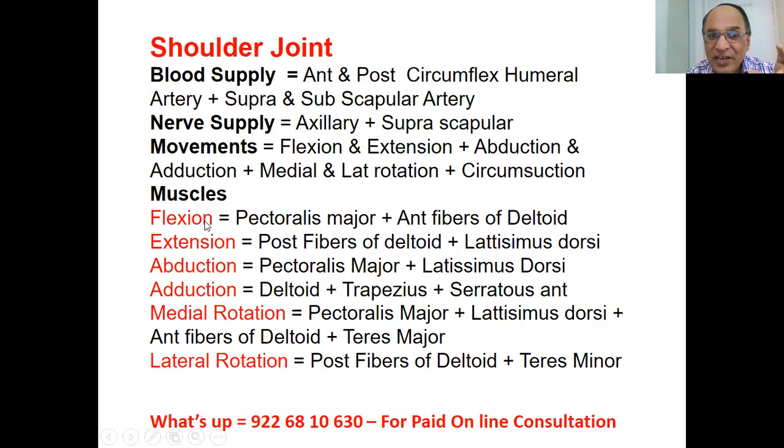Now, for the flexion movement, there are pectoralis major and anterior fibers of deltoid. Extension movement: posterior fibers of deltoid and latissimus dorsi. Abduction, taking away: deltoid and supraspinatus. Adduction, taking near: pectoralis major and latissimus dorsi.